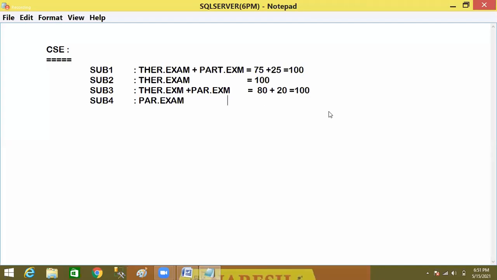Now the practical examination has, for example, only 50 marks. So what is the total marks of this student? 100, 300 and 350. The total marks of the student is 350 marks. This is, suppose, a CSC branch student.